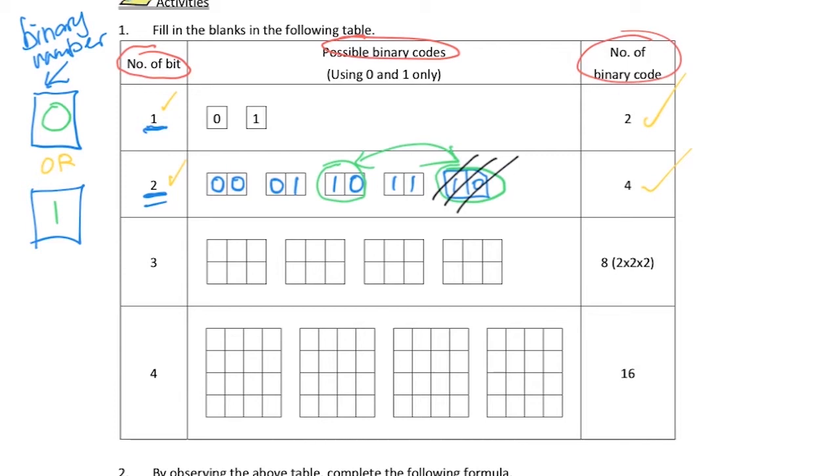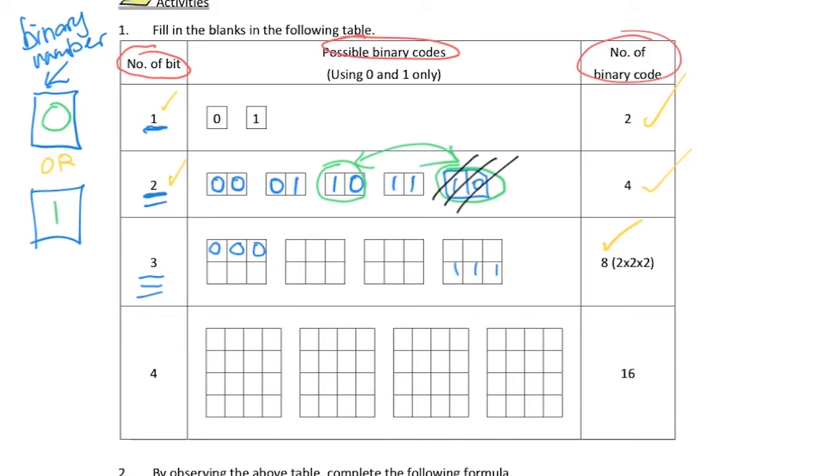Let's go on. If we have 3 bits, then we can have 8 binary codes all over. And which are those 8 binary codes? If you try to write them out, you may feel that it is quite difficult because the possible binary codes will be so many.